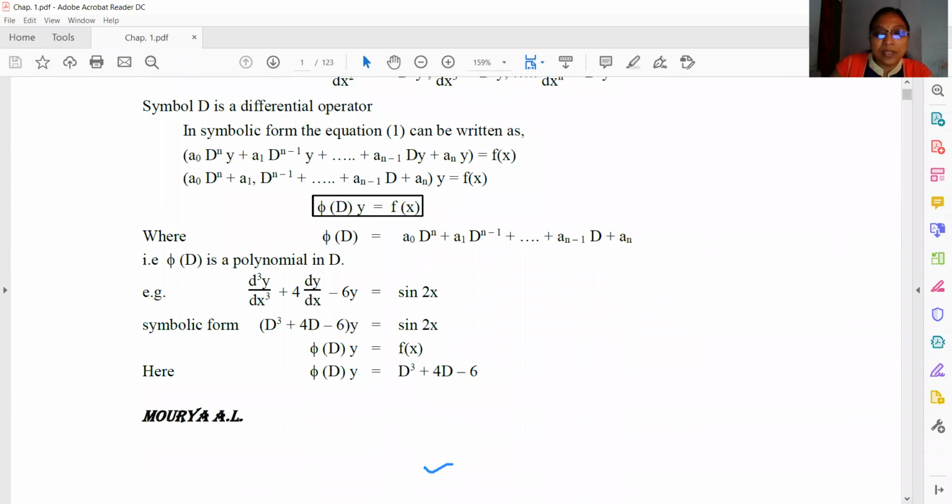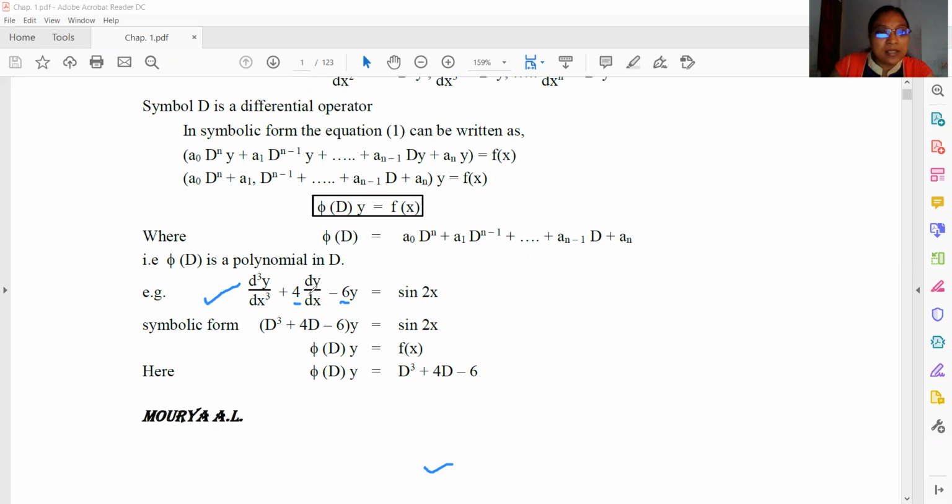Let me take one example so that the ideas will be more clear. If we have this differential equation, you can see this is a differential equation with constant coefficients. Coefficients are constant, no derivative, no product of the dependent variable and the differential term. So this is a linear differential equation with constant coefficients.